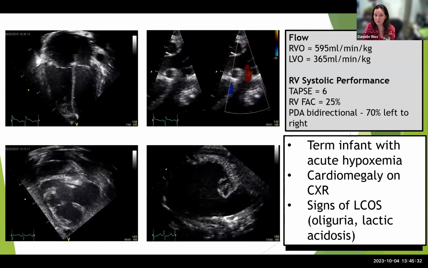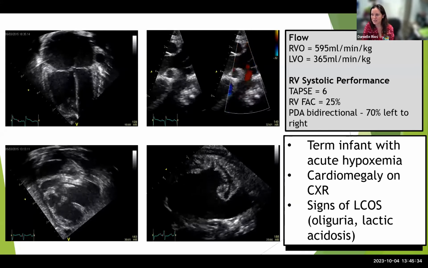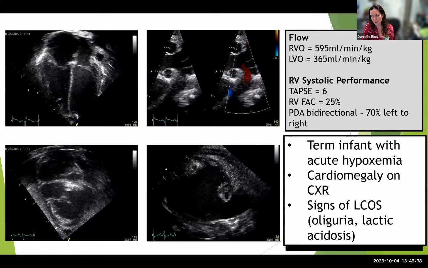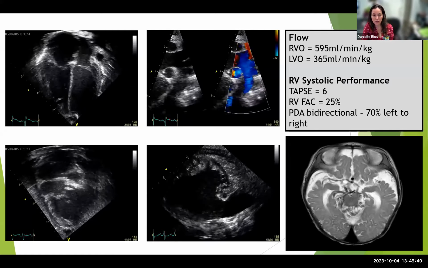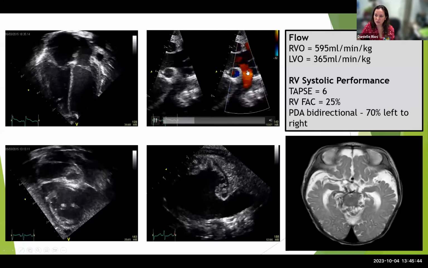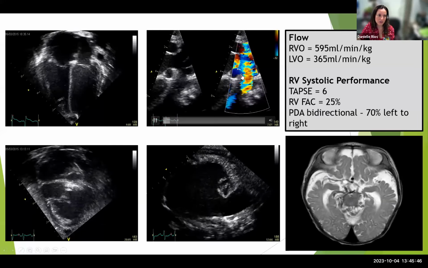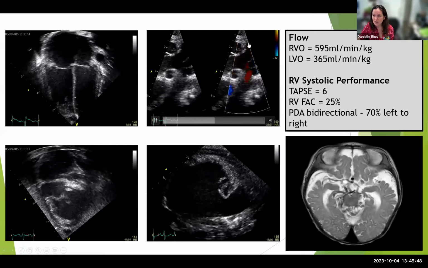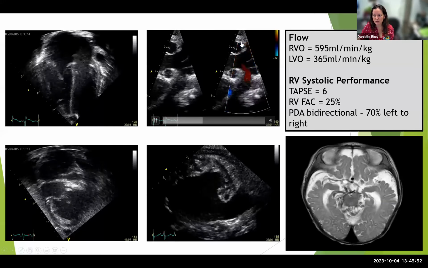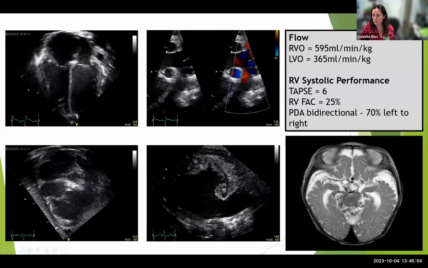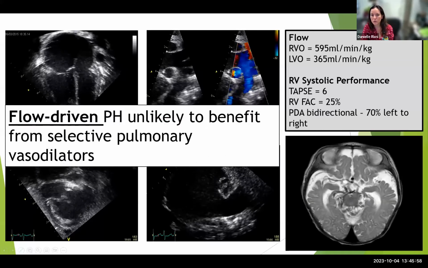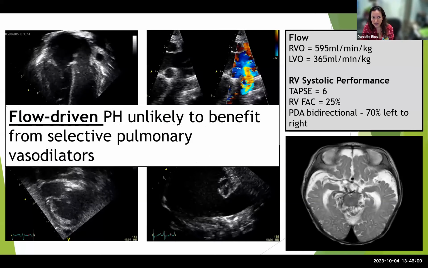So what would you do with this baby? I know we're not asking questions because it's being recorded, but in this baby, we would look for a reason why there's actually retrograde flow here in the aorta. I'm not sure if anybody else noticed that, but usually you have nice laminar blue flow. This one you have red flow kind of going back up towards the brain where there's a vein of Galen malformation. So this still looks like pulmonary hypertension.